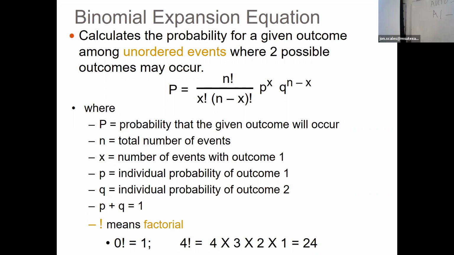P and Q. P is the probability for the genotype or the phenotype that you're considering, okay? And Q would be the probability of all other things. So P plus Q must equal 1. All the probabilities that will be used in any sort of probability calculation are a decimal value or a fractional value. They're less than 1.